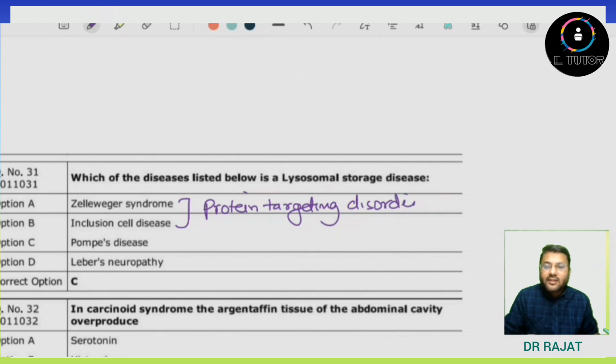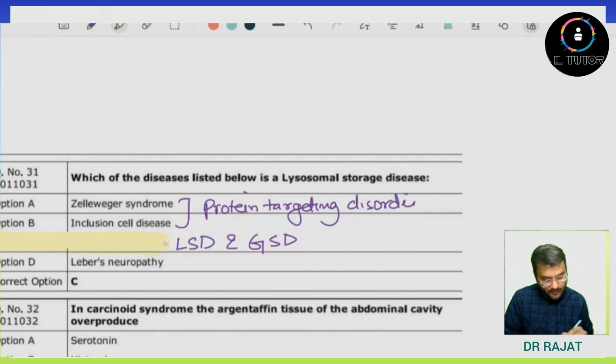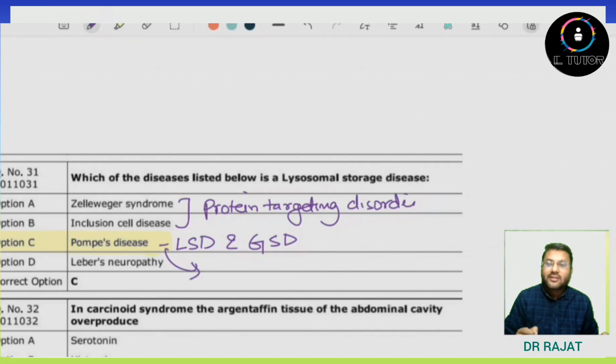Pompe's disease is both a lysosomal storage disease and a glycogen storage disease, so LSD and GSD. Leber's neuropathy is a type of mitochondrial disease. So the answer here will be Pompe's disease. In Pompe disease, the enzyme deficiency is acid maltase.